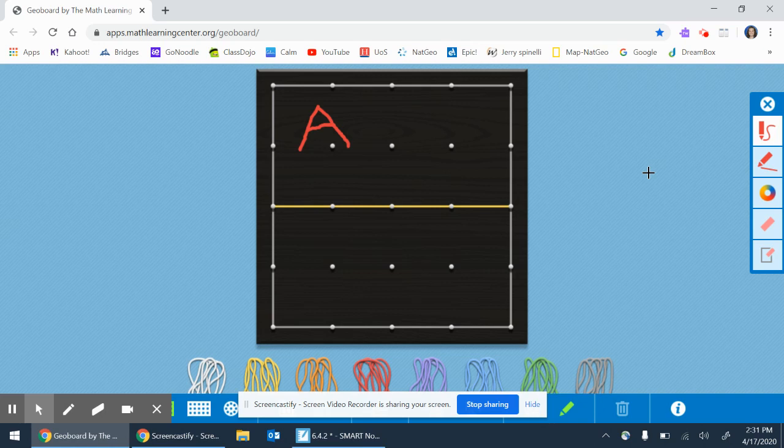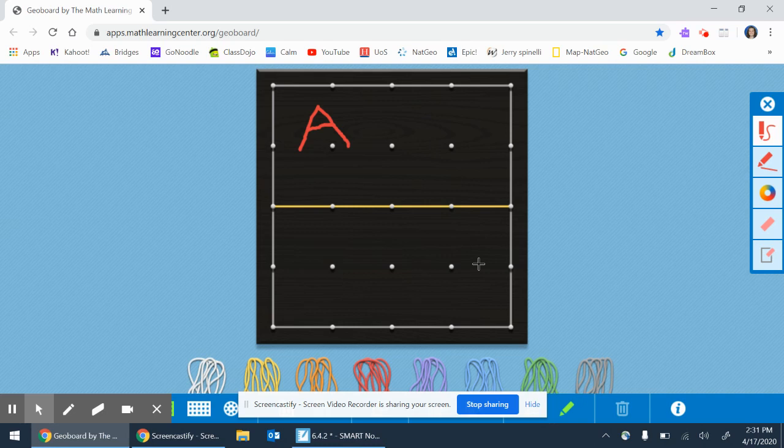Okay, so I'm thinking that it's 2 pieces, and piece A is all on the top, and that's just one of the 2 pieces. So A is going to be half of this whole. So it's 1/2. I hope you agree with me.